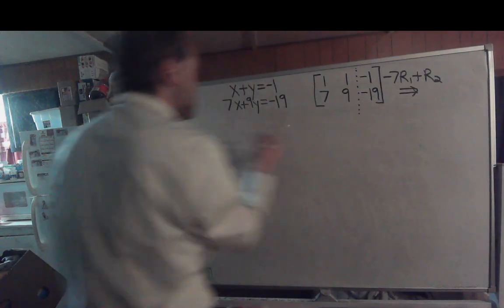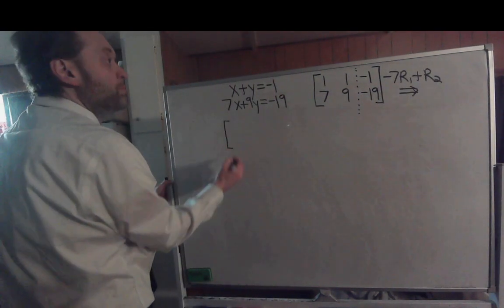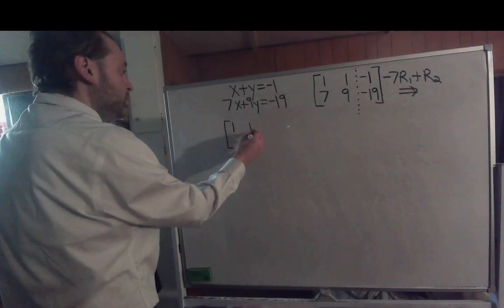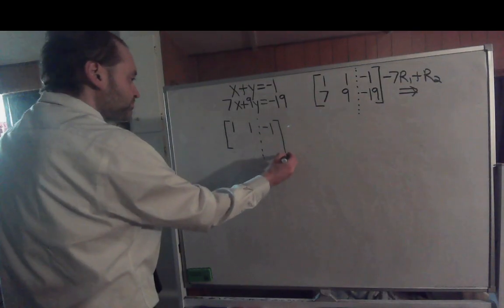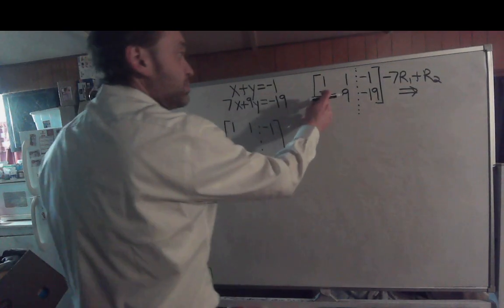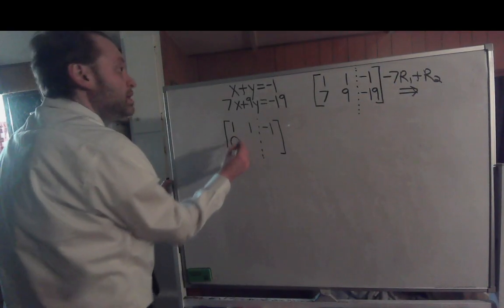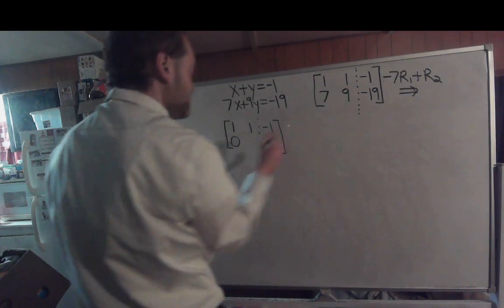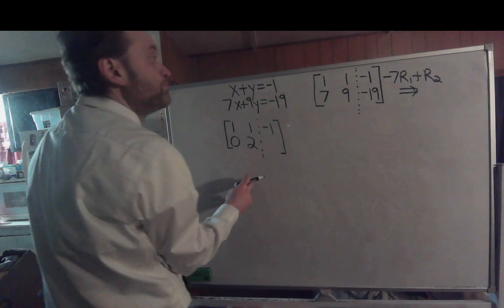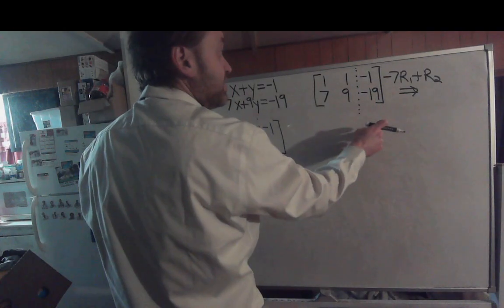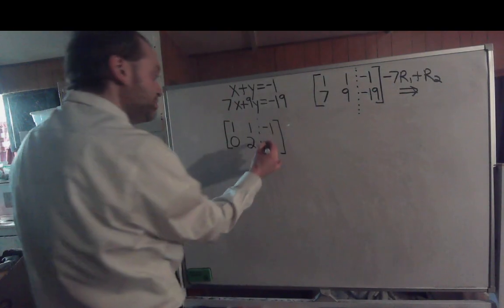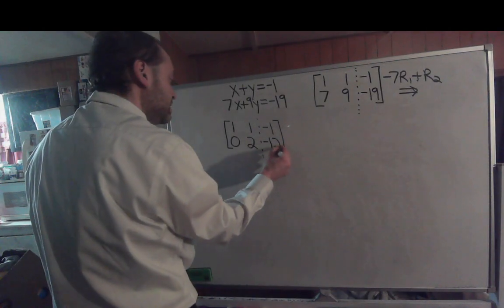So let's form our new matrix here. You'll still have 1, 1, and then negative 1 in your top row, but negative 7 plus 7 is 0. Now, negative 7 plus 9 is 2, and then negative 7 times negative 1 is positive 7, plus negative 19, that becomes negative 12.